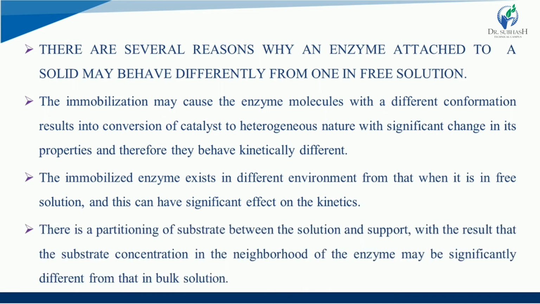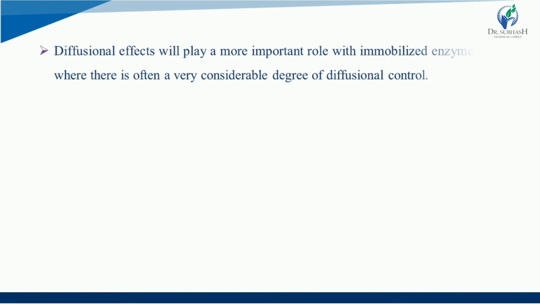There is a partitioning of substrate between the solution and support, with the result that the substrate concentration in the neighborhood of the enzyme is significantly different from that in the bulk solution. Now, diffusional effects can also play an important role with immobilized enzyme, where there is often a very considerable degree of diffusional control.